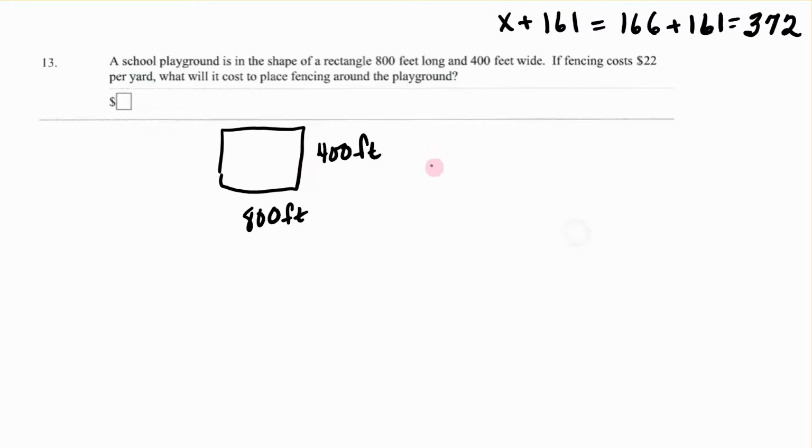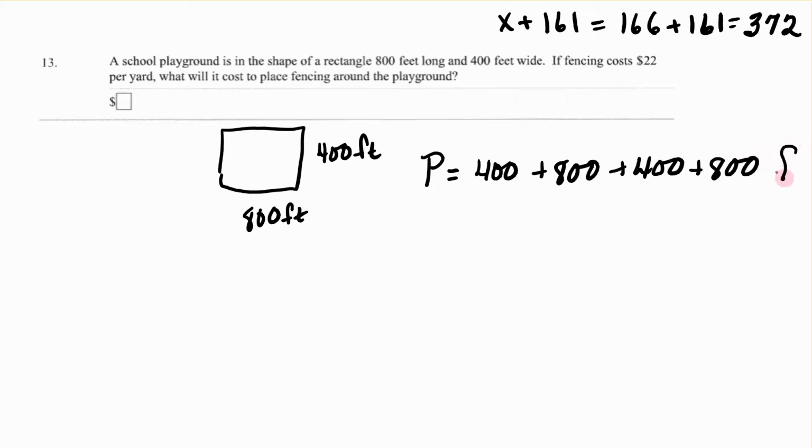Perimeter is going to be 400 plus 800 plus 400 plus 800, and those will all be in feet. That's going to give me 2,400 feet. I have a cost that is $22 per yard.